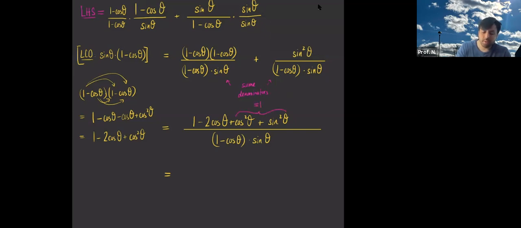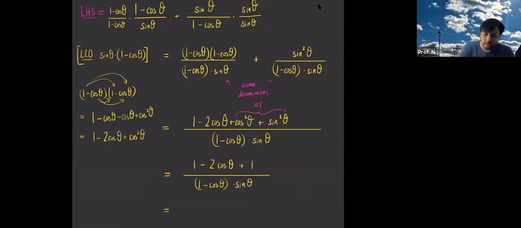So now I can replace that cosine squared theta plus sine squared theta expression with the equivalent 1. So that simplified the expression a bit more. I have less thetas now.